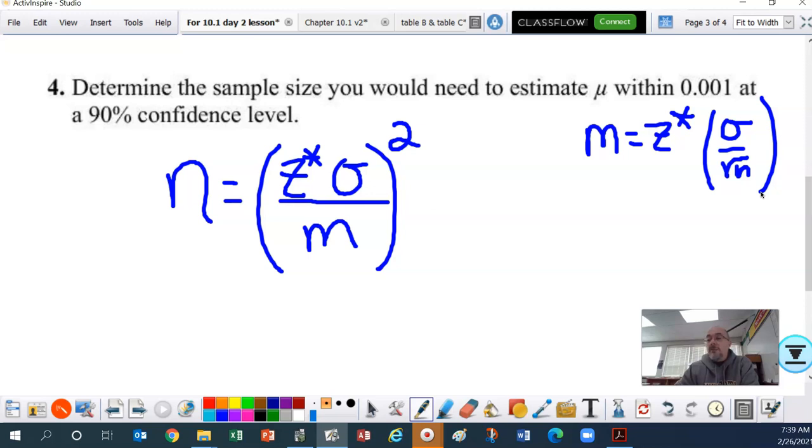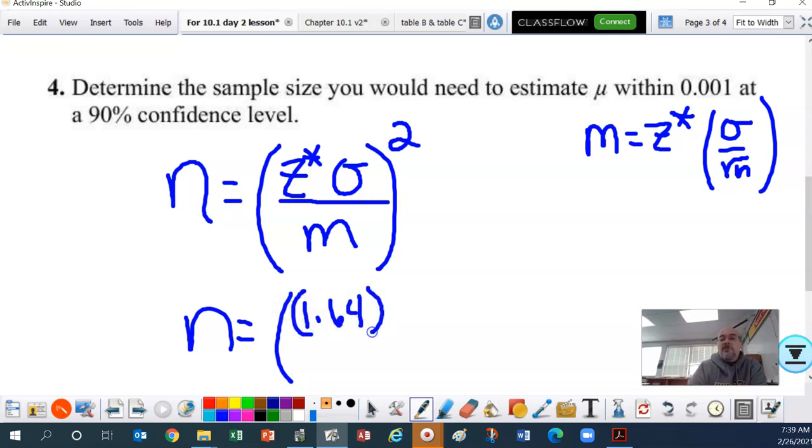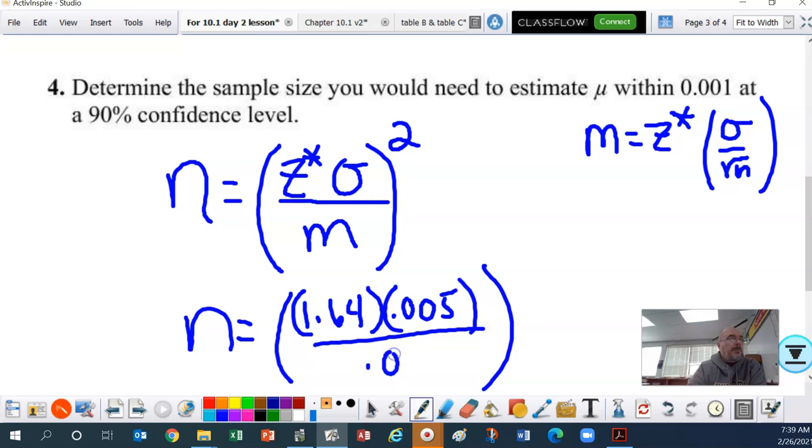I got n by itself, so that's what it looks like. So here we go. The z star, again, is 1.645. I'm going to multiply that to the 0.005. And the margin of error that we want, ladies and gentlemen, is 0.001.